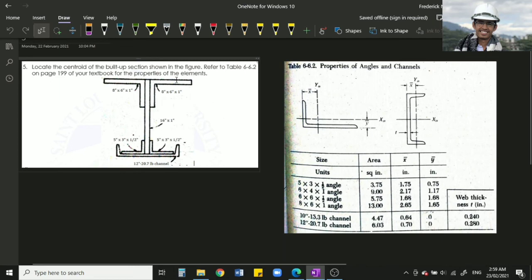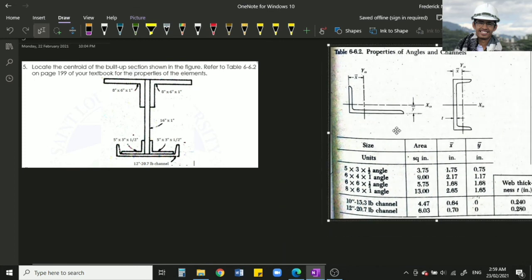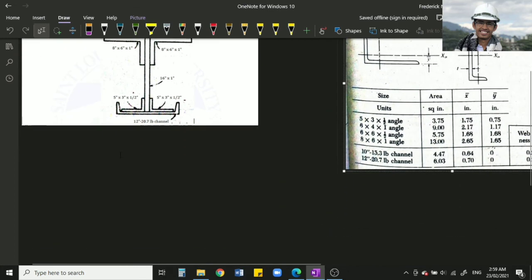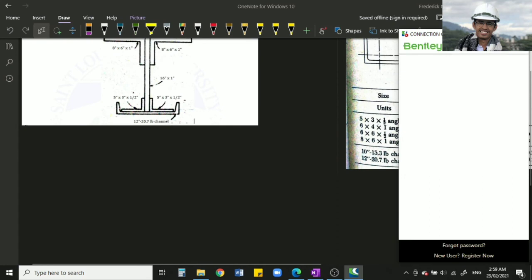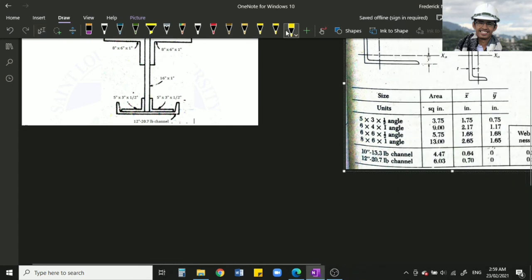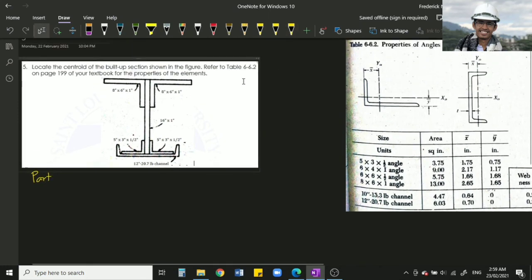But we can group them together, no? So, we have two 8 by 6 by 1. So, first part is, we have two 8 by 6 by 1.